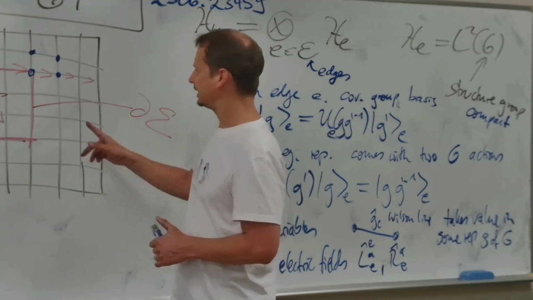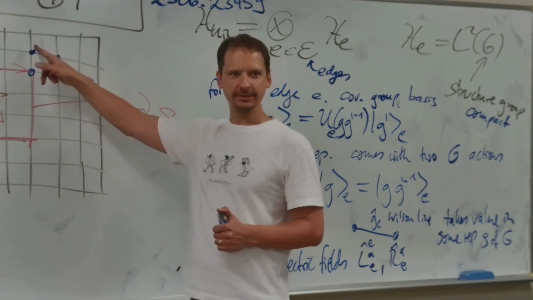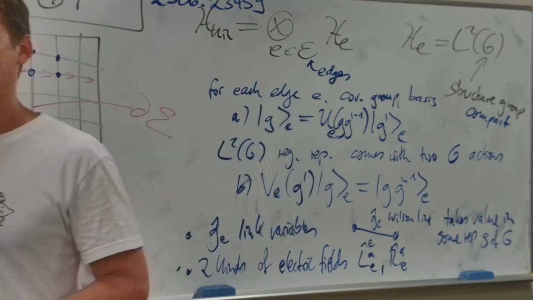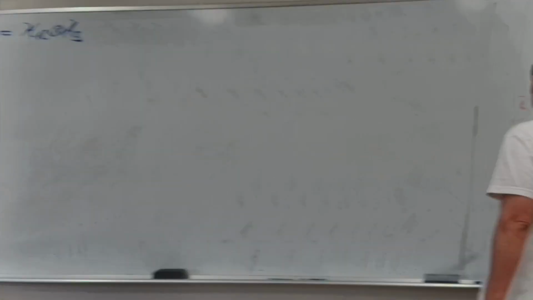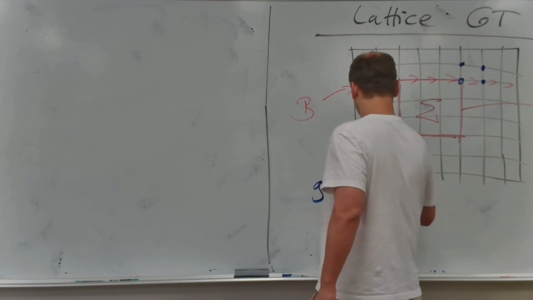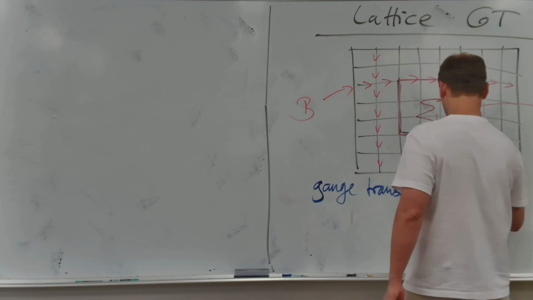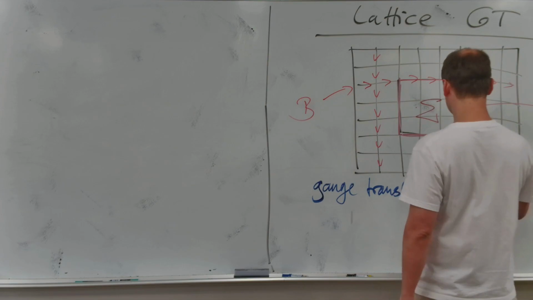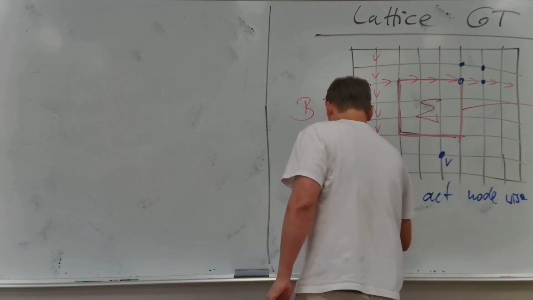I forgot to say that the gauge transformations on the lattice act node-wise. At each node you have a Gauss law, basically. I think I should say that. For instance, we can have here some V, and then let's call it U_V.